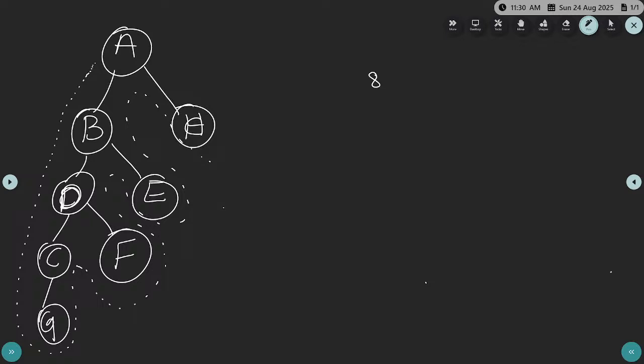Now what to do? First step, select the unvisited. Step 1, here you write select the root node and visit it. Okay, select the root node and visit it, right?